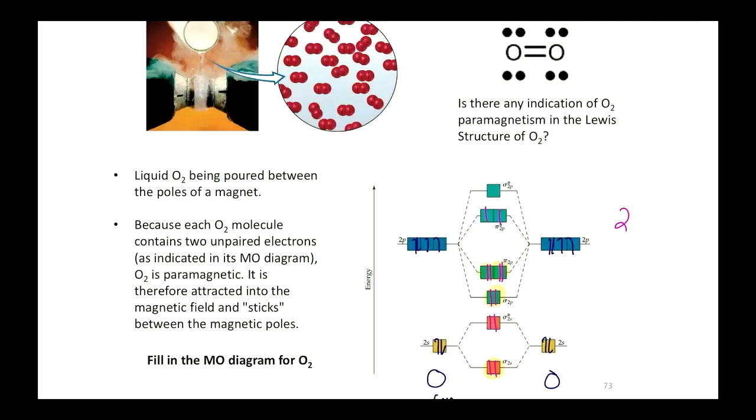The Lewis structure doesn't indicate anything about magnetism. That's the weakness of Lewis structures, and MO theory can explain much more than the simpler theories we've learned. But the beauty is that it's still consistent with everything we've learned previously. That's the strength of MO theory.